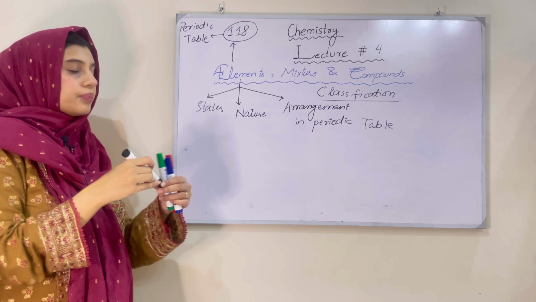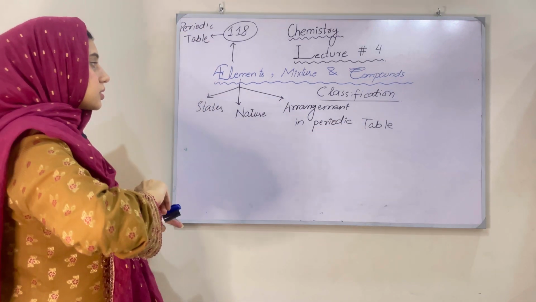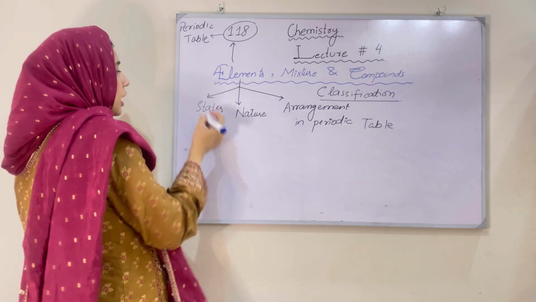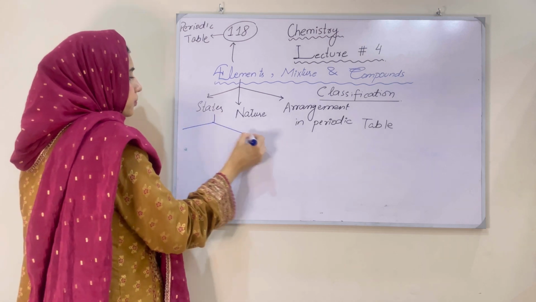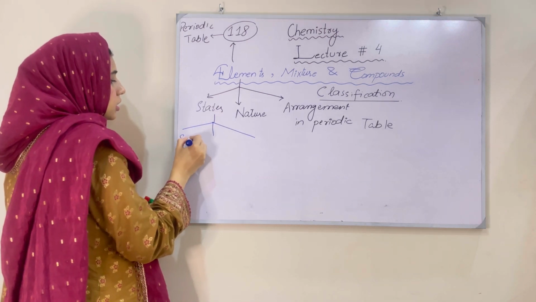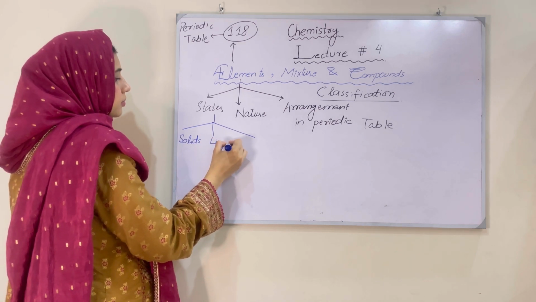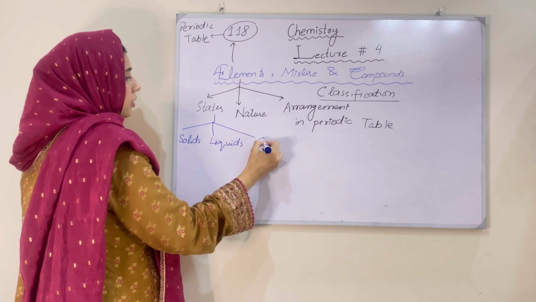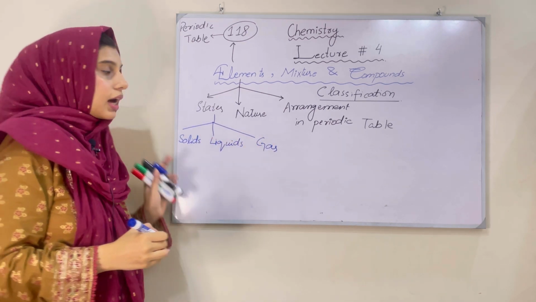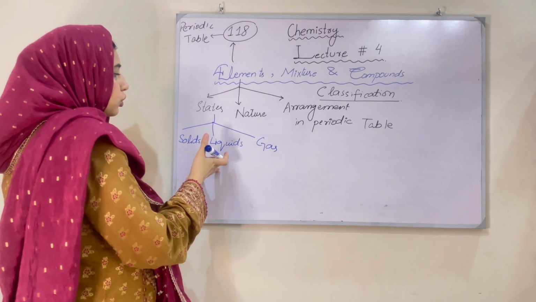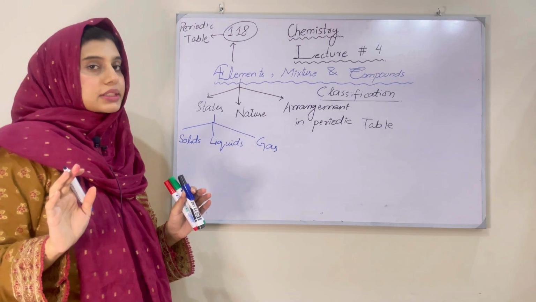So first of all, if I talk about states, I just explained to you that elements have 3 states, and those states are solids, liquids and gases. I have told you how many liquids, how many gases and how many solids.